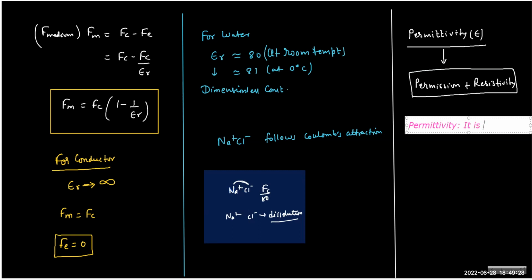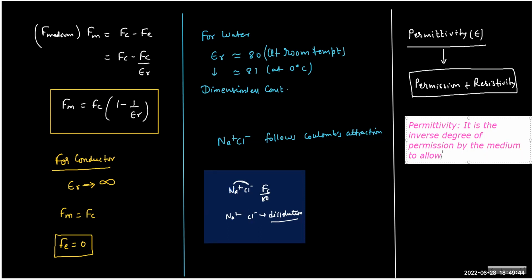It is the inverse degree of permission by the medium to allow the electric field lines to interact with each other. Okay. And that's very logical.